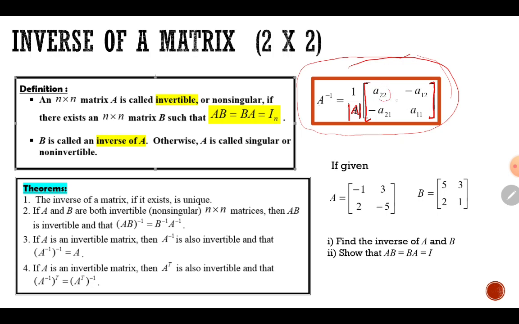You interchange the positions. A22, where does it come from? The original matrix is A11, A12, A21, A22, right? When we determine the inverse, we interchange the position. A22 goes up, so A22 is over here, and A11 goes down. So that's why A11 is over here.